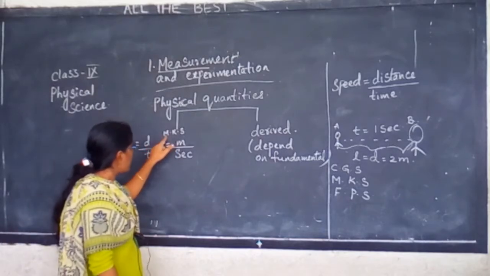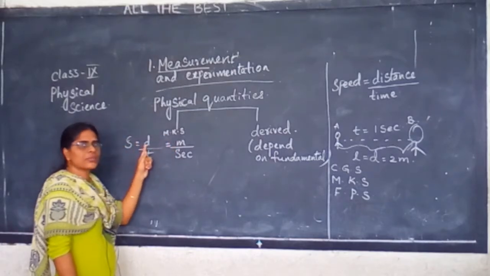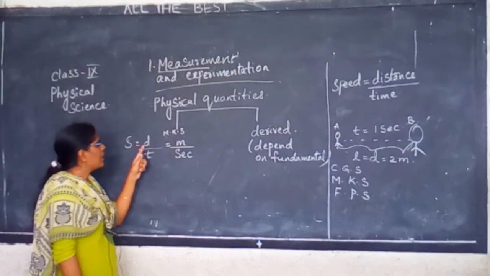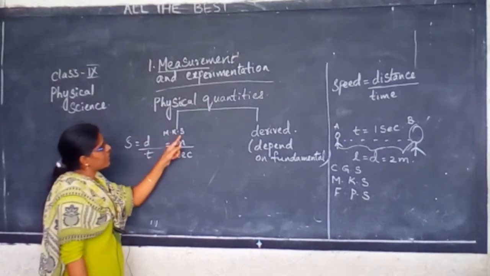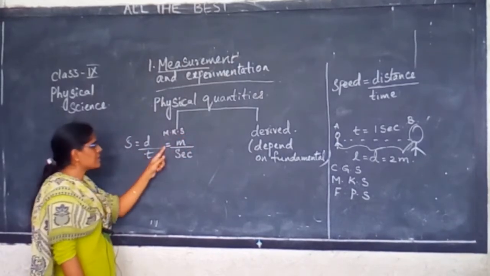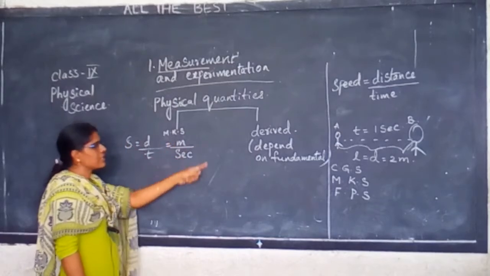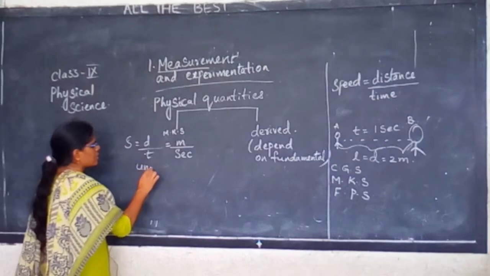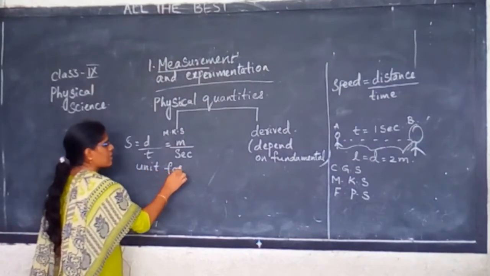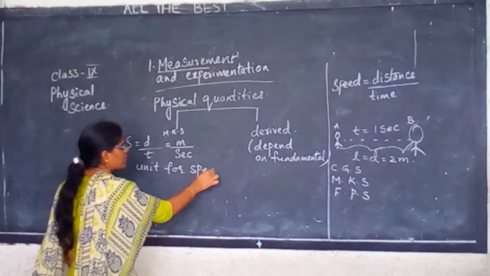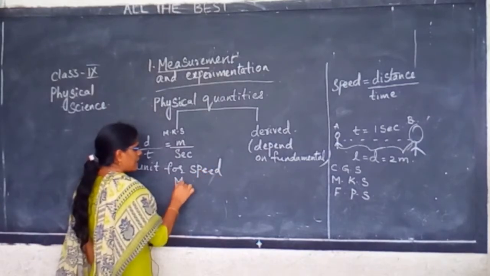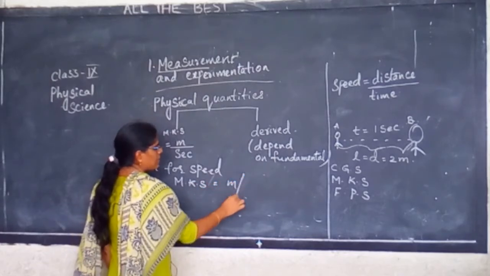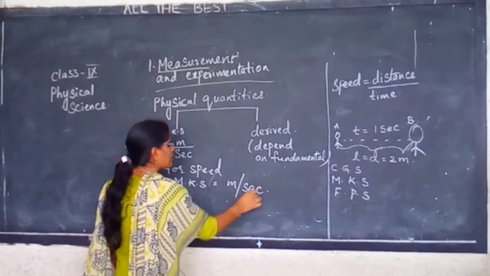Distance, in MKS system, indicates nothing but your length. Length, how do we measure? Meters. Time, how do we measure? Seconds. Hence, the unit for speed in MKS system is meter per second.